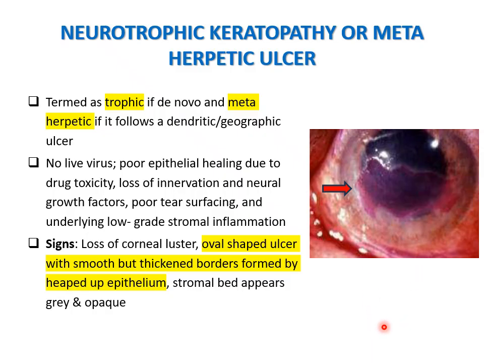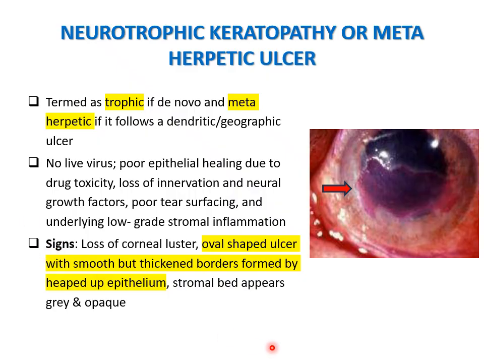But the term is a misnomer. There is no active herpes virus in it. So no live virus, and the poor epithelial healing is because of, you have to know these factors: drug toxicity, loss of innervation and neural growth factors, poor tear surfacing, and underlying low-grade stromal inflammation.